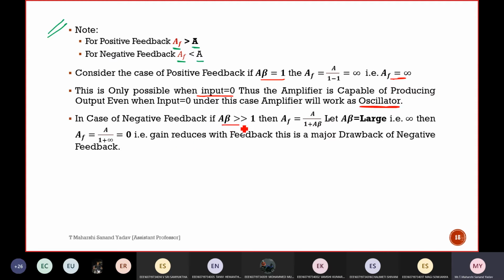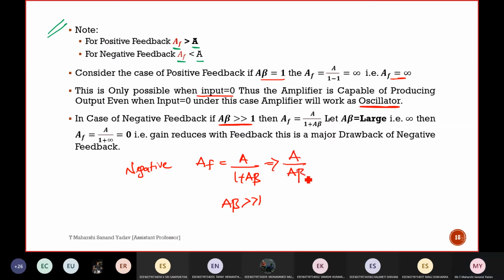Next, in case of negative feedback, if A beta is greater than 1. What I got in case of negative feedback is A by 1 plus A beta. So if A beta is greater than 1, then it becomes A by A beta. A and A are cancelled. So AF is equal to 1 by beta.